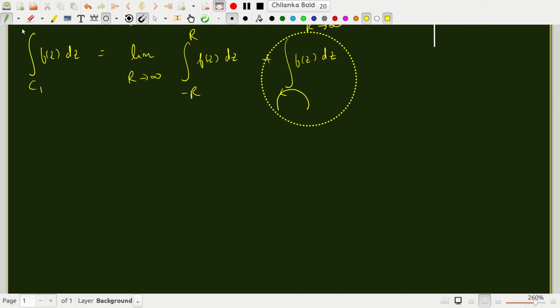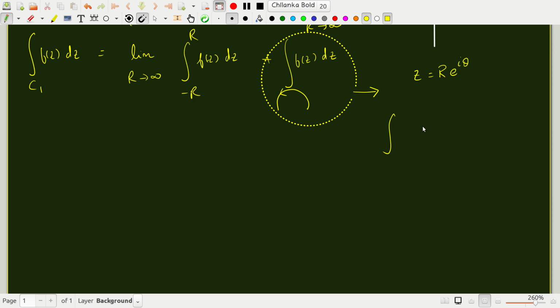Okay, now in order to understand this part, let's think of z as R e to the I theta, because you are on the circle anyway, right? And then let's write our integral, 1 over 1 plus z squared, right?